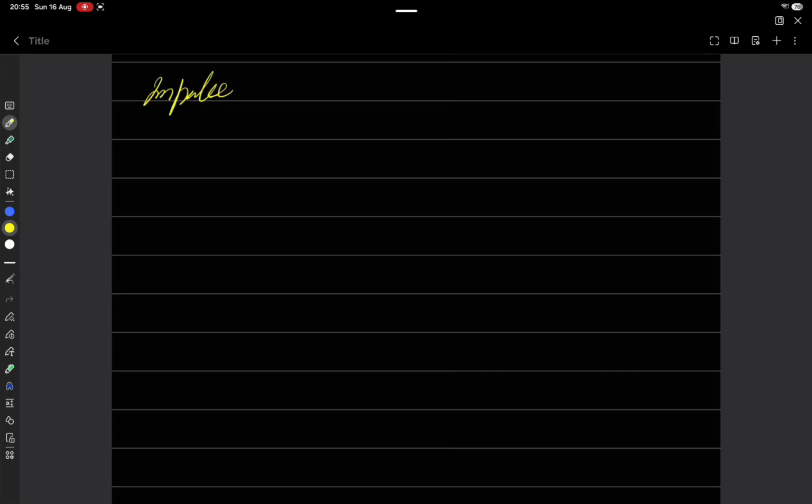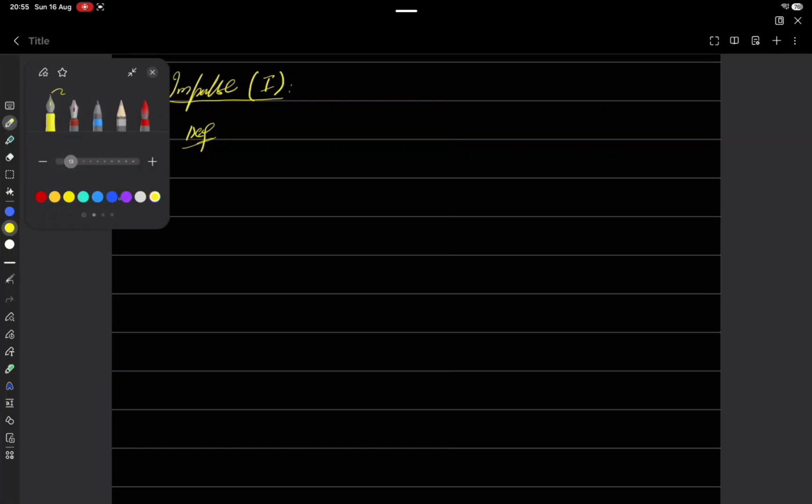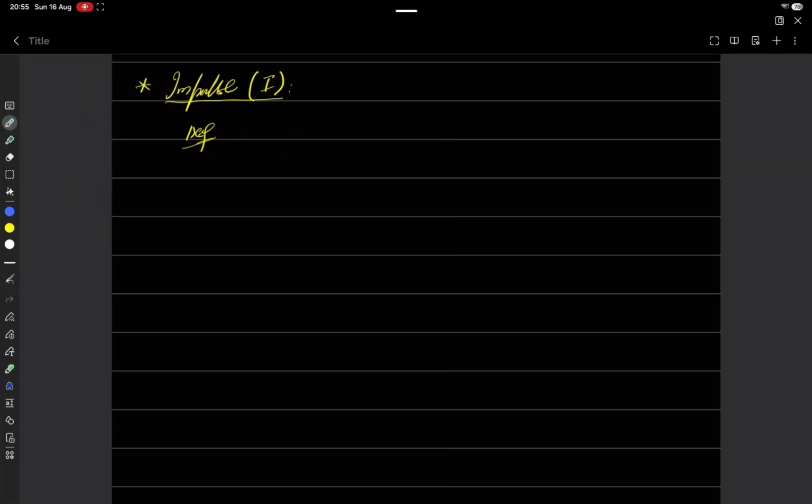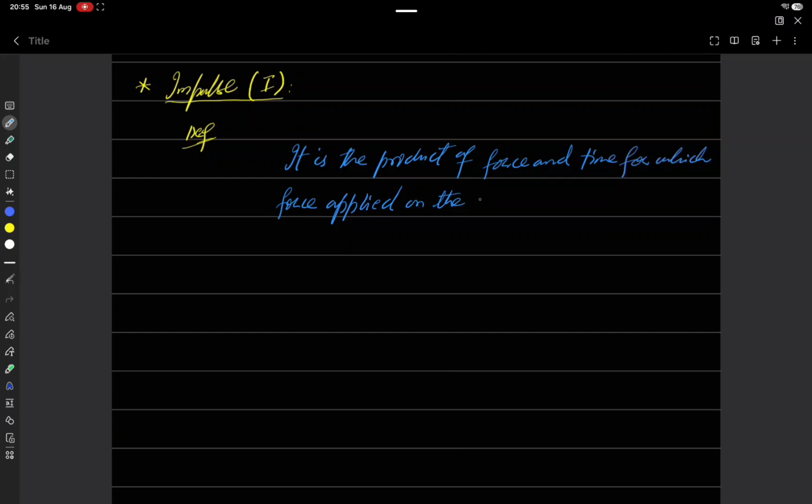Impulse. It is the product of force and time for which force is applied on the object.